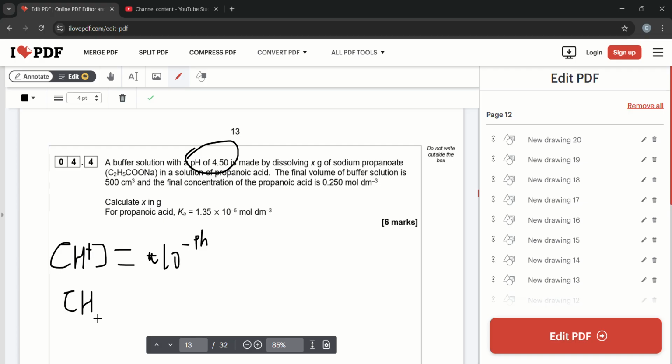We were given the pH in the question, so H plus is 10 to the power minus 4.50, which is 3.16 times 10 to the power minus 5.